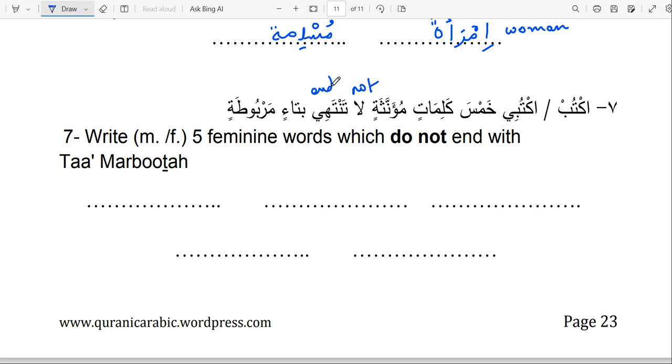So here we did the nouns with ta marboota. Now you have to write 5 which are not ending with ta marboota. For example, ainun, then yadun, then samaun, there are a lot, then sabil, and then shamsun. So there are so many, you can write anything here.